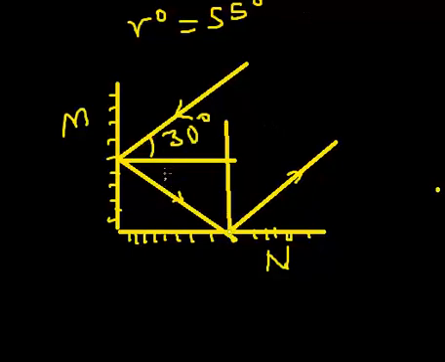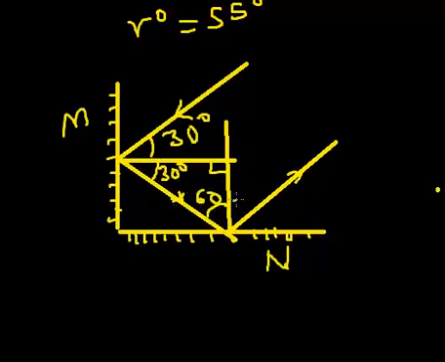Now this angle here is 30 degrees. If you look at it, this forms a right angle triangle. This is 90 degrees. The two normals with this angle of reflection form a right angle triangle. For me to get this angle, that would be 90 minus 30, which gives me 60.